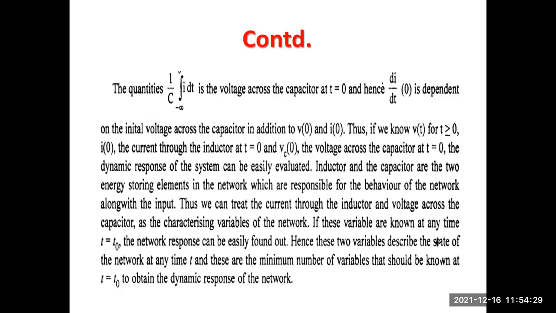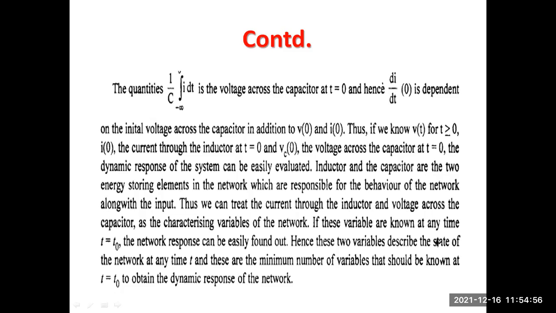Thus, if we know v(t) for t greater than or equal to 0, I0, the current through the inductor at t equal to 0, and Vc0, the voltage across the capacitor at t equal to 0, the dynamic response of the system can be easily evaluated. If you know these initial values, it is easy to calculate. The inductor and capacitor are the two energy storing elements in the network which are responsible for the behavior of the network along with the input.